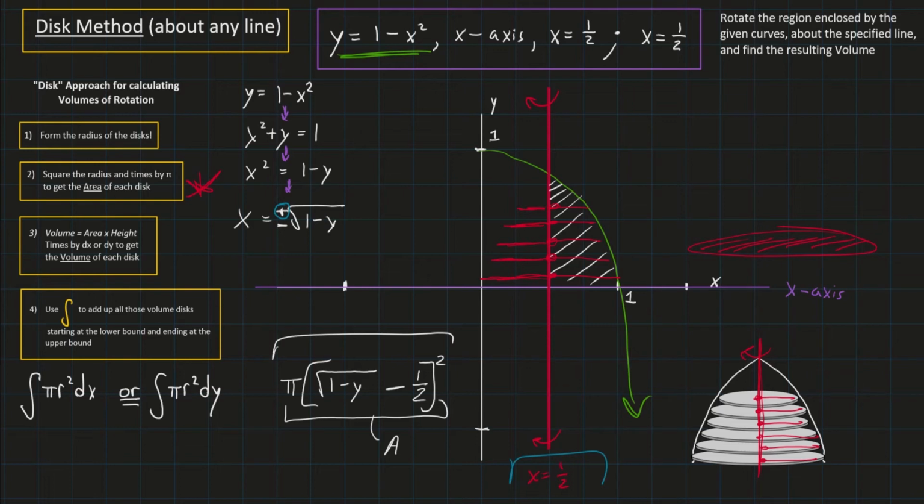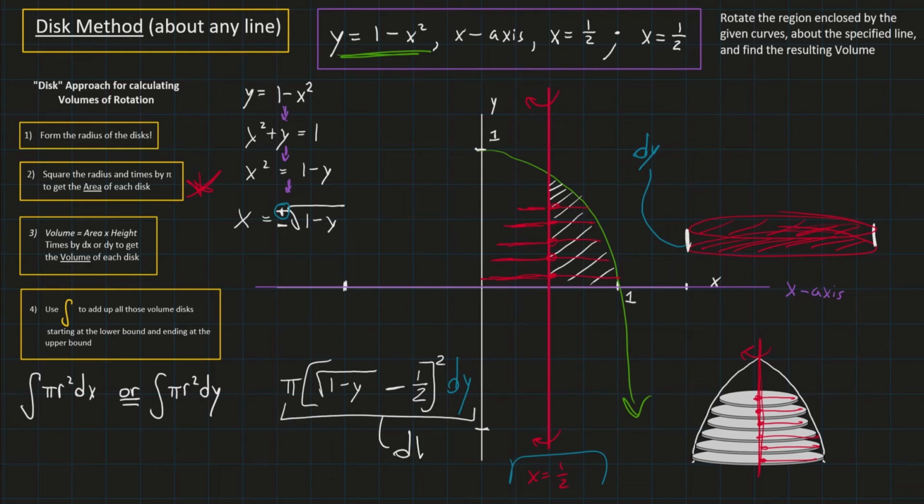How do we promote this area to being a volume? Well, I just got to multiply by a little bit of height to get the volume of the disk. This height for us, that's a little bit of vertical line. That is going to be a dy. So I need to take each one of our areas that this equation is giving me, multiply it by dy. Now when I plug in a y, I get the disk volume at that y.